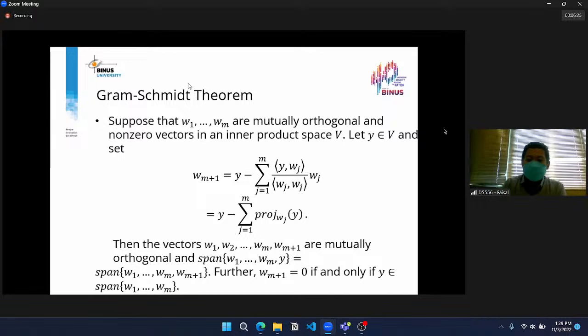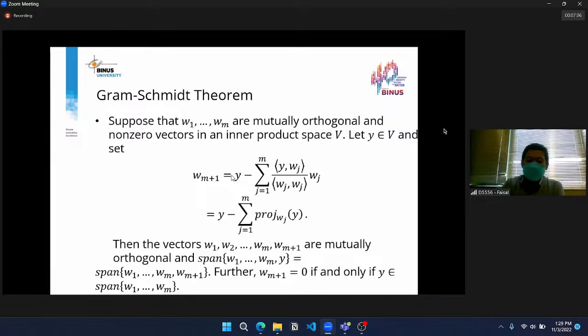If y is in the vector space, we can compute Wm plus 1 equal to y minus the sum of the inner product of y and wj, over the inner product of wj and wj, and we multiply by wj.